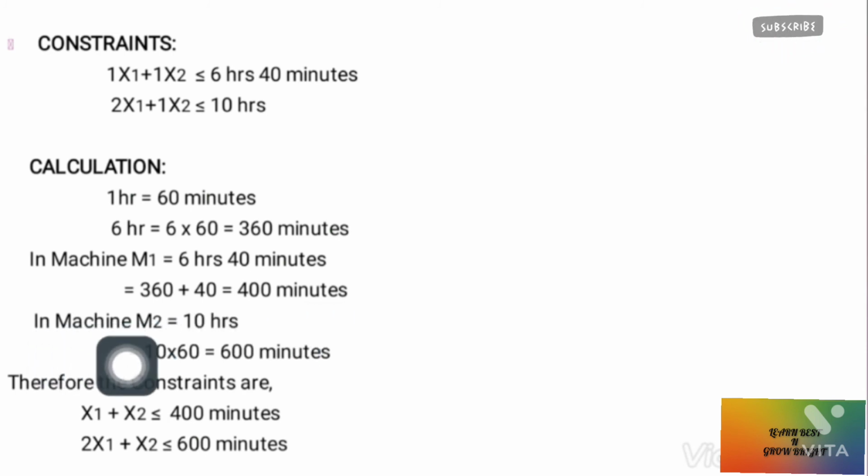In machine M2, the time is limited to 10 hours. So 10 into 60 is equal to 600 minutes. Therefore, we can write the constraint equations as x1 + x2 less than or equal to 400 minutes, and 2x1 + x2 less than or equal to 600 minutes.